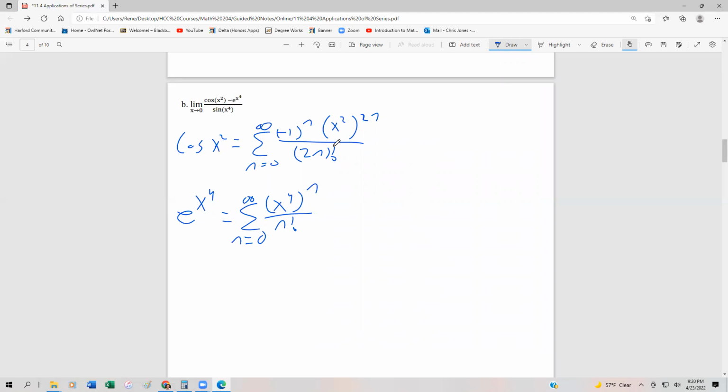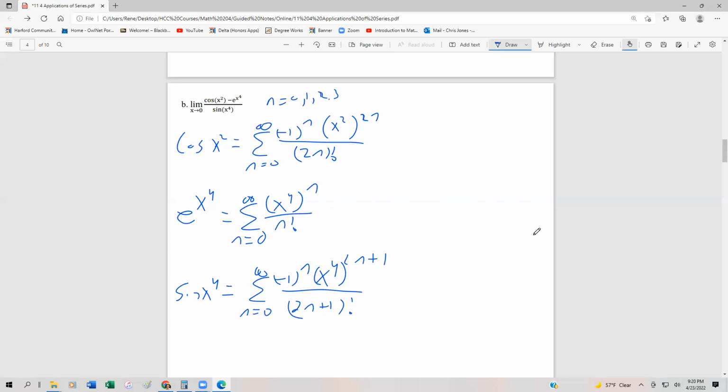And then finally, we're going to have sine of x to the fourth, and that's going to be the series n equals 0 to infinity of minus 1 to the n, x to the fourth to the 2n plus 1 divided by 2n plus 1 factorial. And then we're just going to write out some terms. Again, to write out the terms, you're going to plug in n equals 0, 1, 2, 3, and then maybe another one or two if we need it.